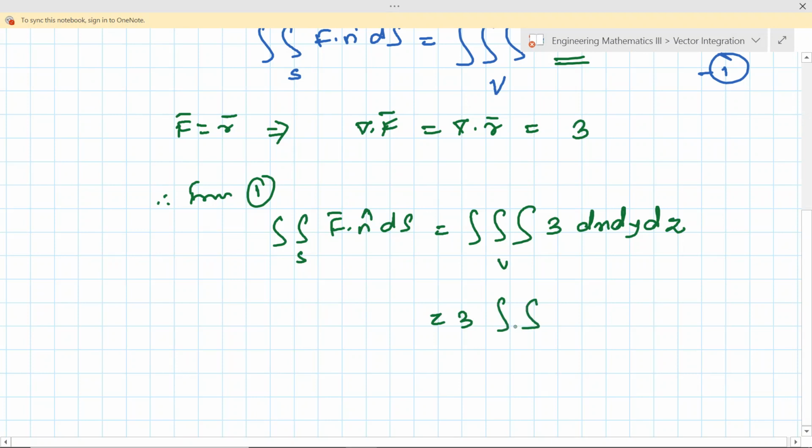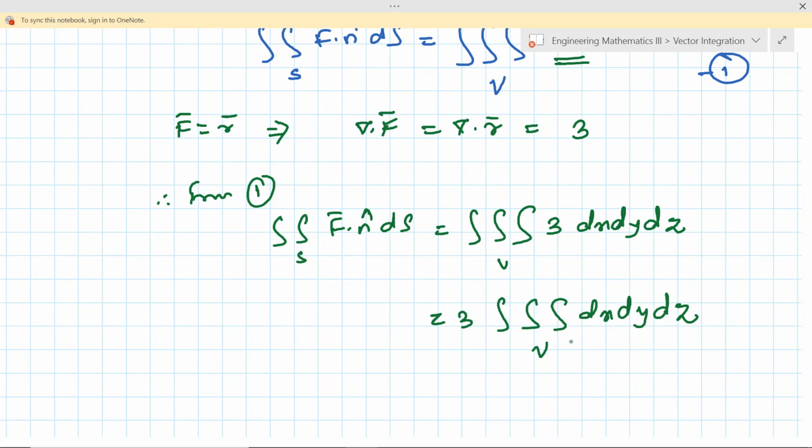This is 3 times the triple integration of dx dy dz over V. As there is no other term in the triple integration, only dx dy dz is there over the volume V. What is the volume V? For which part do we have to find the volume? The volume of the sphere actually.